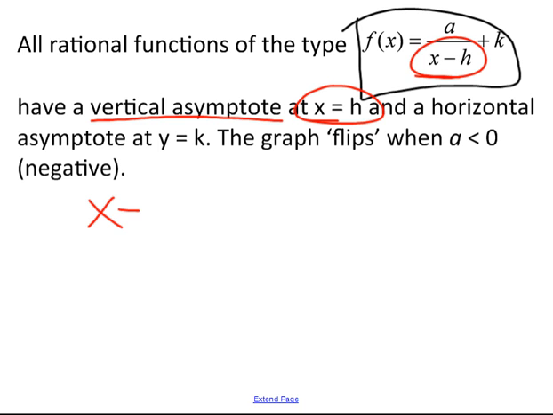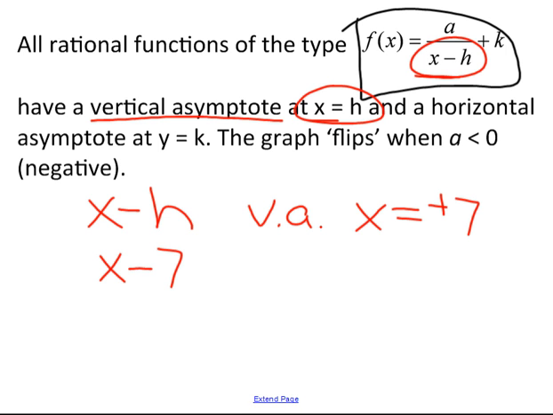So if I have x minus h, or x minus 7, for example, you would have a vertical asymptote at x equals positive 7. So it's going to be the opposite. Horizontal asymptote at y equals k. So whatever that number is that's outside of the fraction, that's going to be the horizontal asymptote.